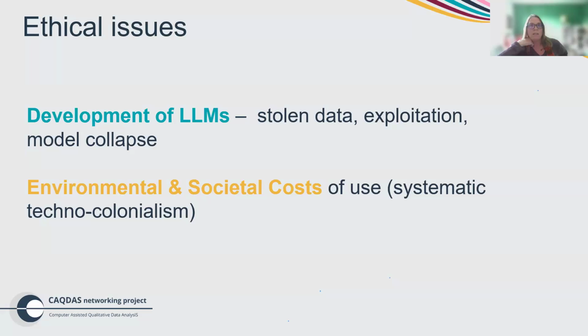And how do we feel as qualitative researchers to know that the models have been created in that way? So there's an issue around exploitation there that's really important to be aware of, but also exploitation of human annotators who were involved in the fine-tuning of the models.